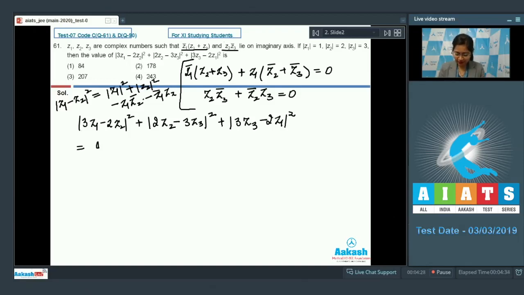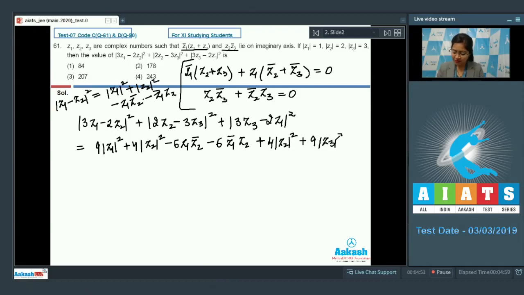So, what will we get? 9 into mod Z1 whole square plus 4 into mod Z2 whole square minus 6 times Z1 Z2 bar minus 6 times Z1 bar into Z2 plus, similarly opening the second square, we will get 4 into mod Z2 whole square plus 9 into mod Z3 whole square minus 6 into Z2 Z3 bar minus 6 into Z2 bar into Z3.